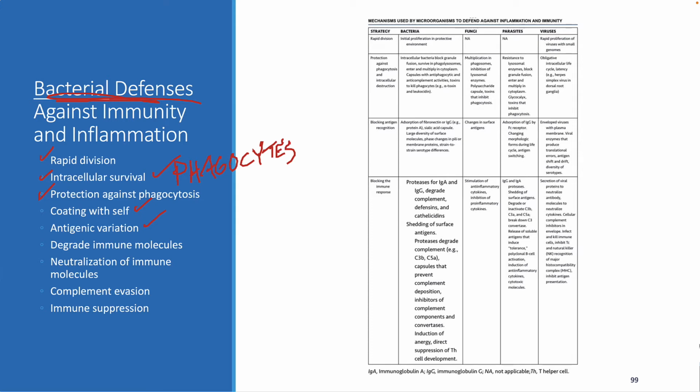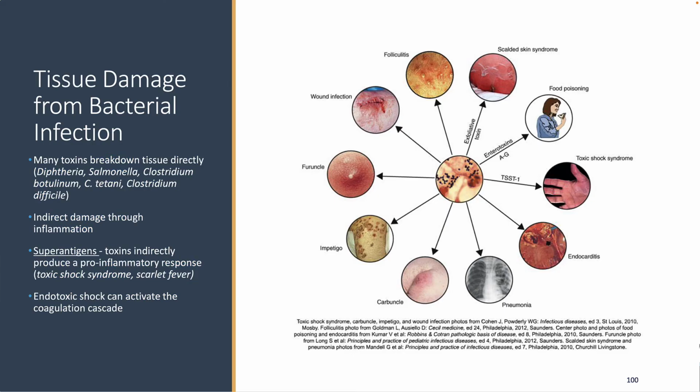They can degrade some of our immune molecules, some of the complement and things like that. They can neutralize some of the immune molecules, and they can suppress the immune response. So these are some examples of how those things work. Very scary.